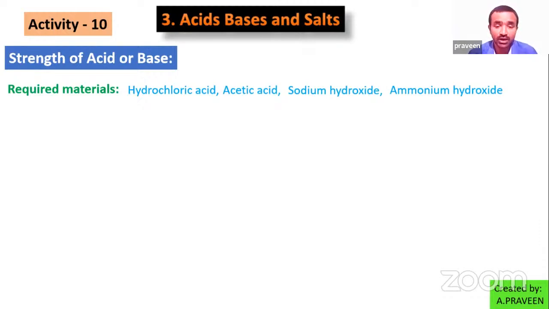For that you arrange one circuit. So you need electrodes, a bulb, connecting wires, distilled water and a source of current.